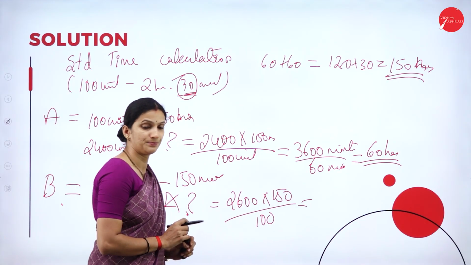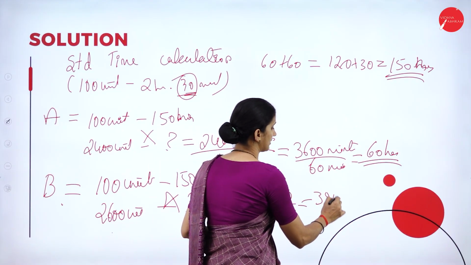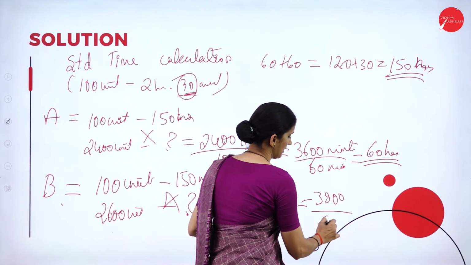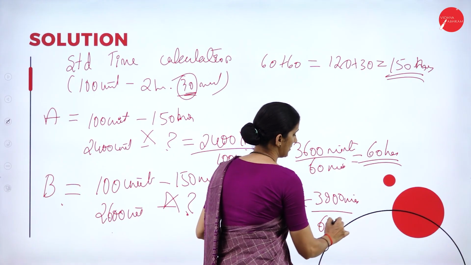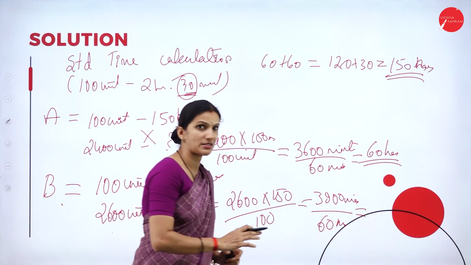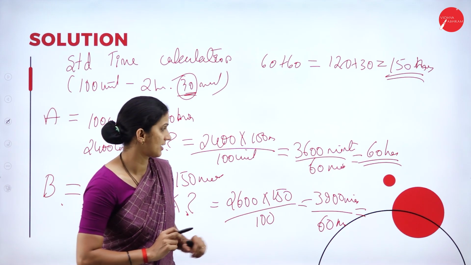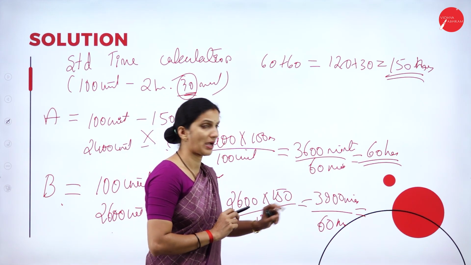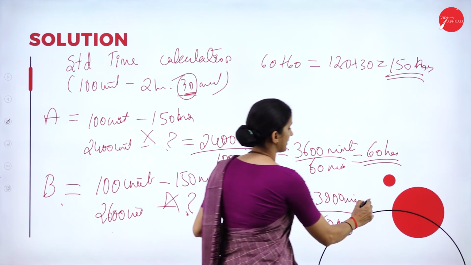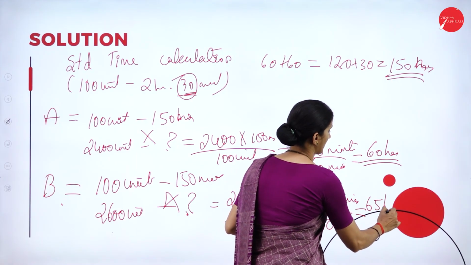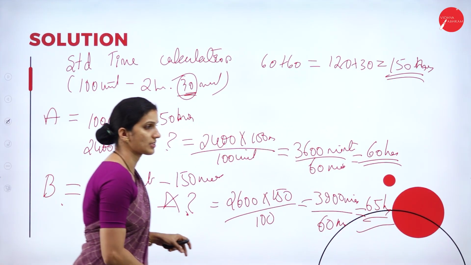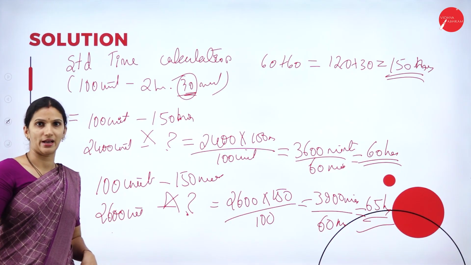So it is 3900 minutes divided by 60 minutes, so you will get the standard time in hours. That is 3900 by 60, the standard time is 65 hours. Understood? This is the one important calculation we have in this question.